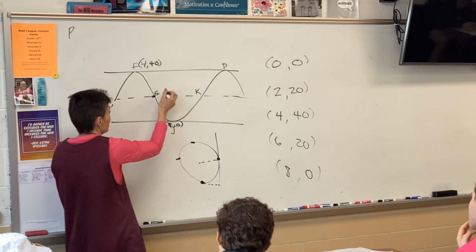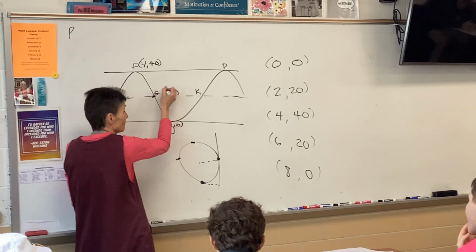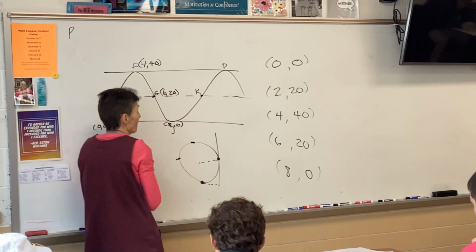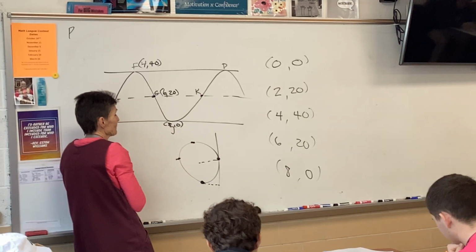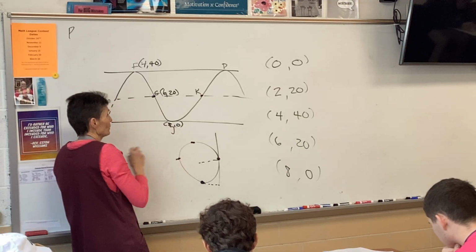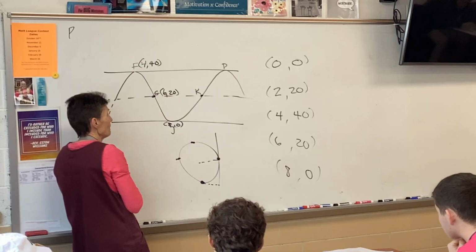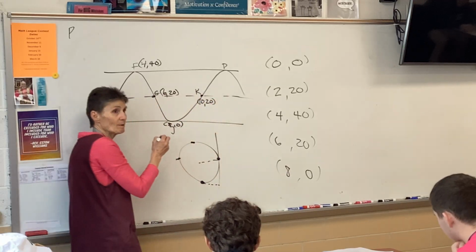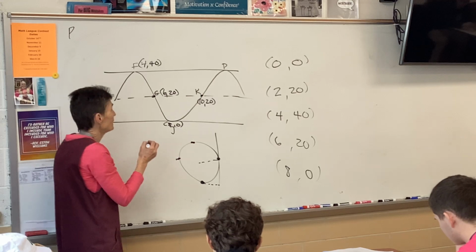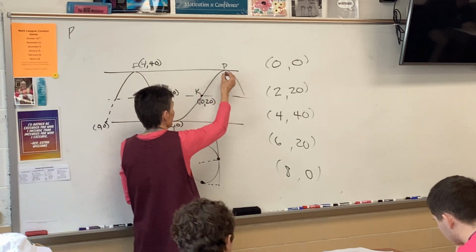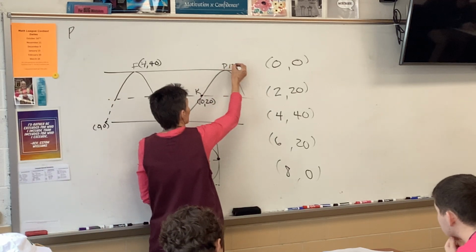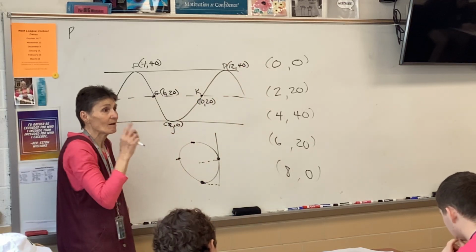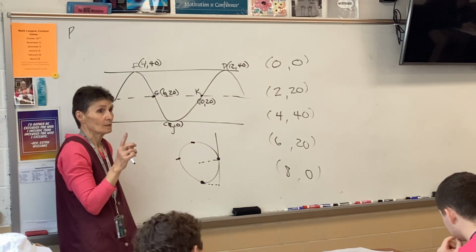That one would have to be 620. What would this one be? It's not one of our listed ones, but can you figure it out? 1020. Does that make sense to everybody? 1020. And then what would our last one have to be? 1240.